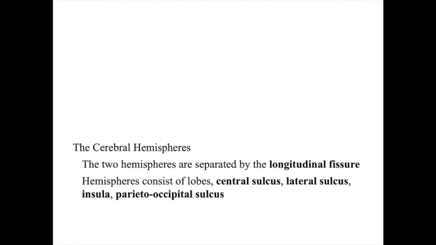So we have the central sulcus, the lateral sulcus. And these are very important. But there's also another one that's called the parieto-occipital sulcus, which you're not asked to identify, but rather to know that it exists.